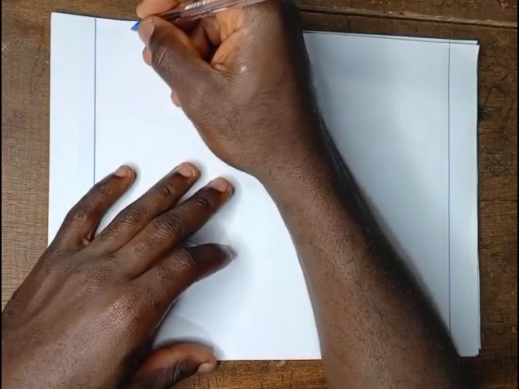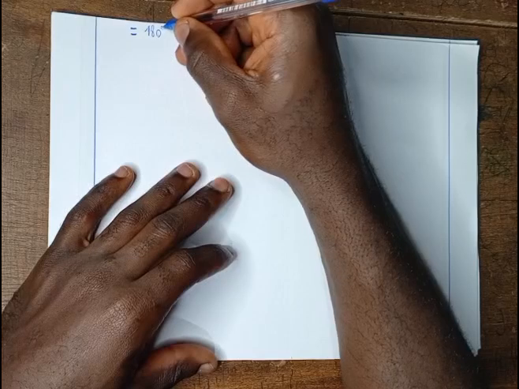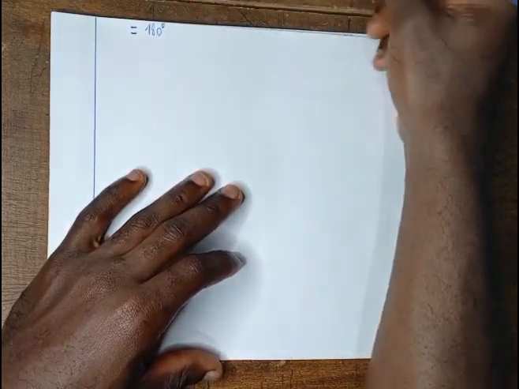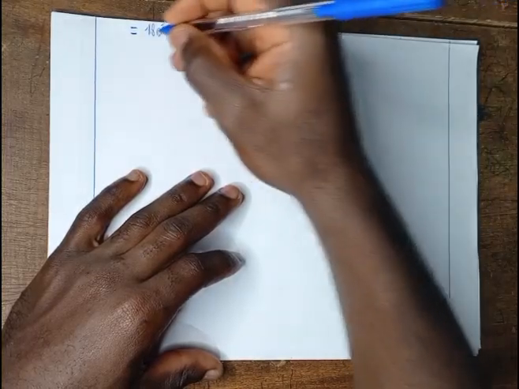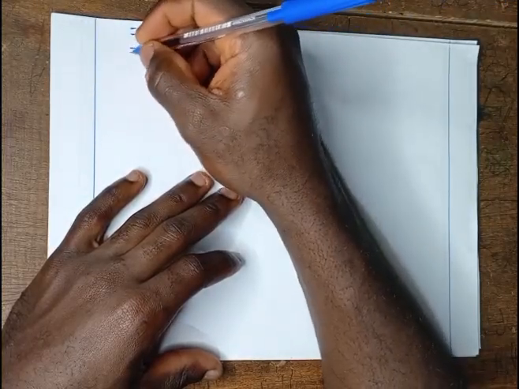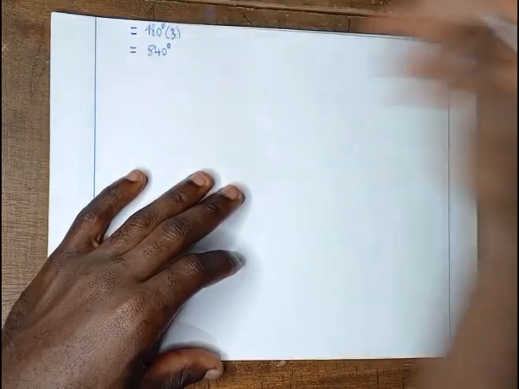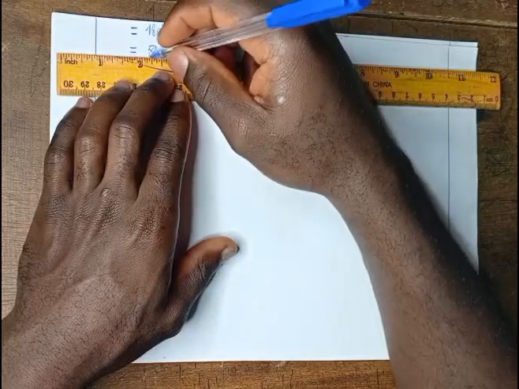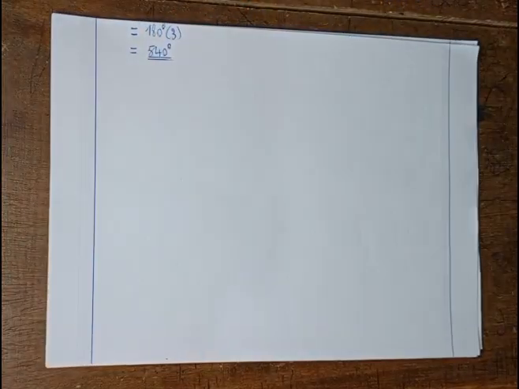This will be equal to 180 degrees times 3, since 5 minus 2 gives us 3. 180 degrees times 3 gives us 540 degrees. That means the sum of the interior angles of a 5-sided polygon is 540 degrees.